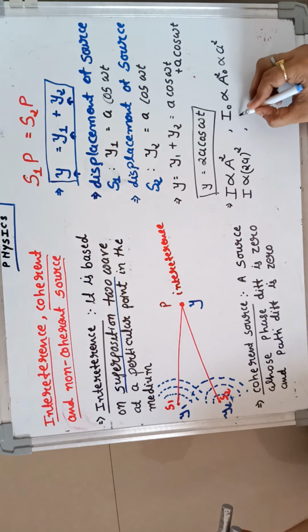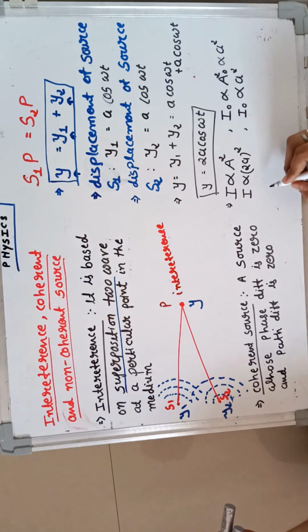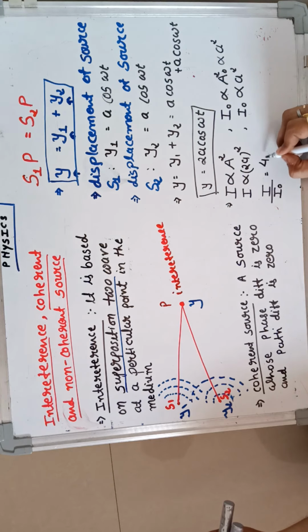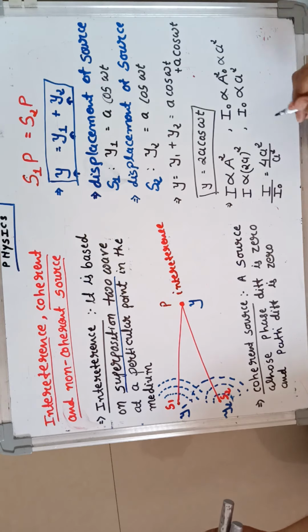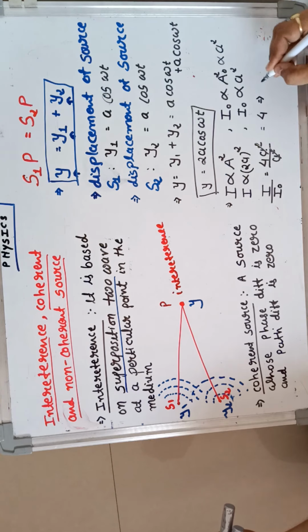Here I0 is proportional to a square, so I upon I0 is 4a square upon a square. A square cancels, so it is 4, and I is equal to 4I0.